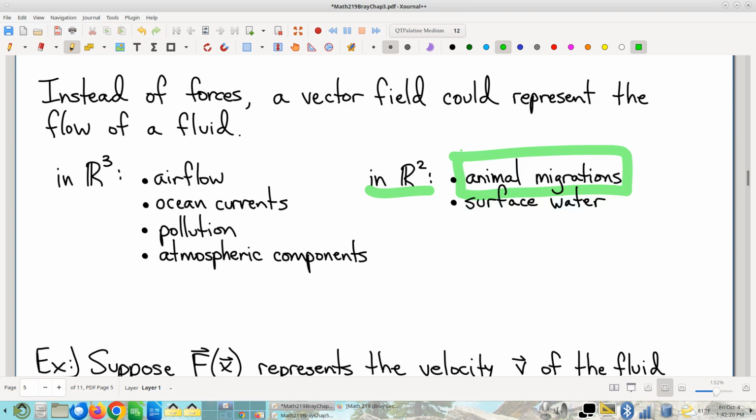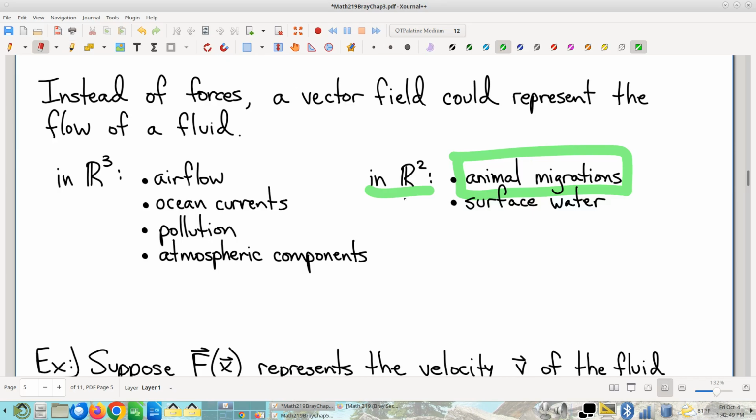And likewise, if you have a great big herd of zebras or whatever, they all kind of move along in the same direction, at least the ones that are nearby, and maybe over there they're going in a different direction, but it really behaves a lot like a fluid. And it's a reasonable point of view to view that as being naturally represented by a vector field. So, anyway, something to think about.